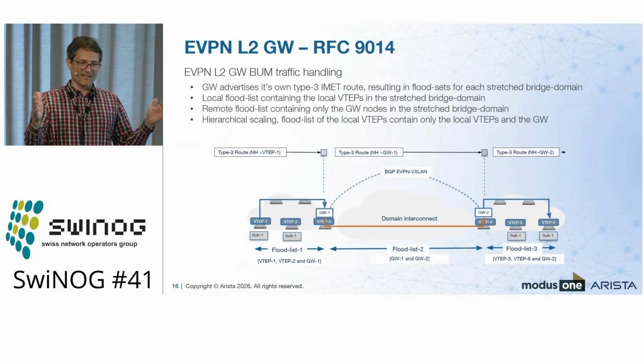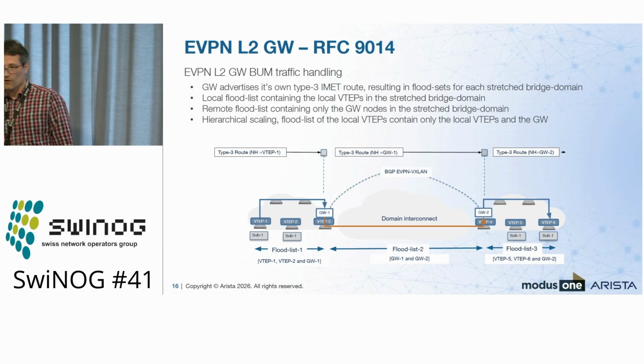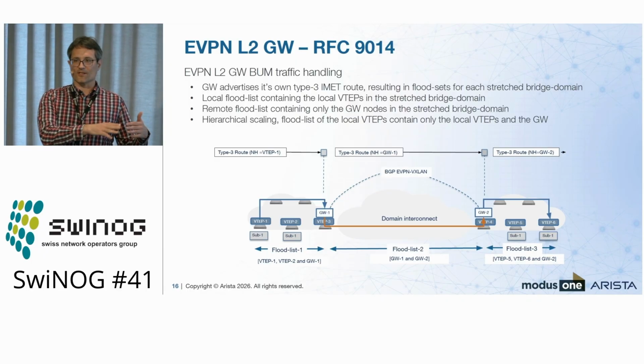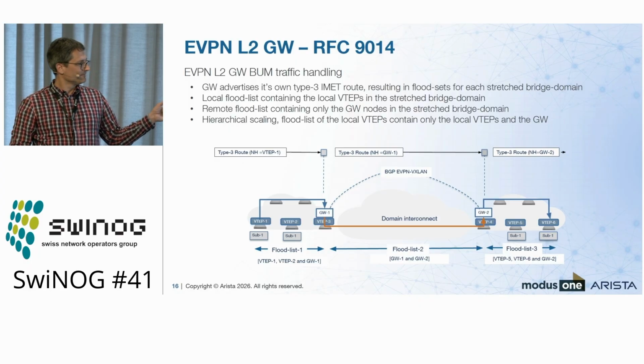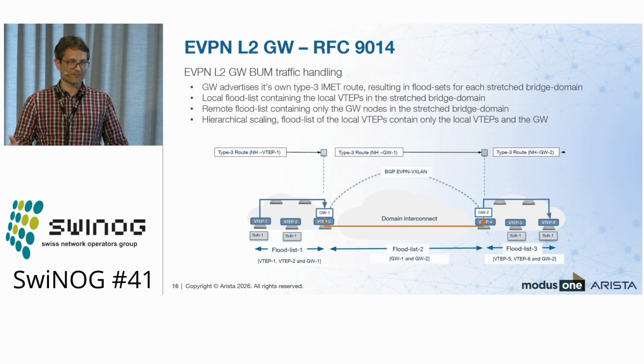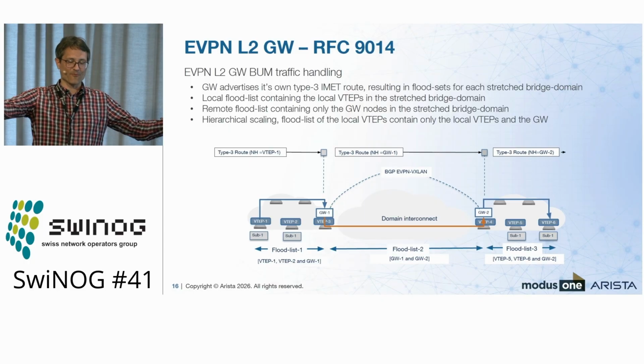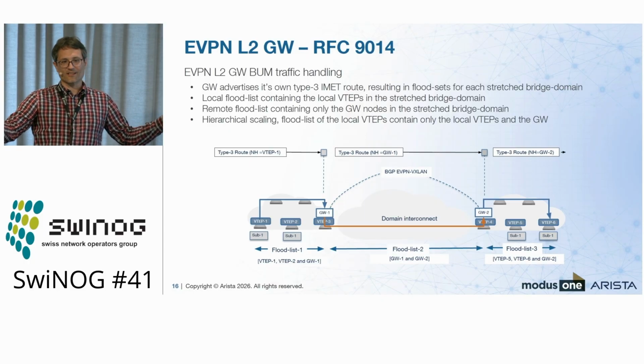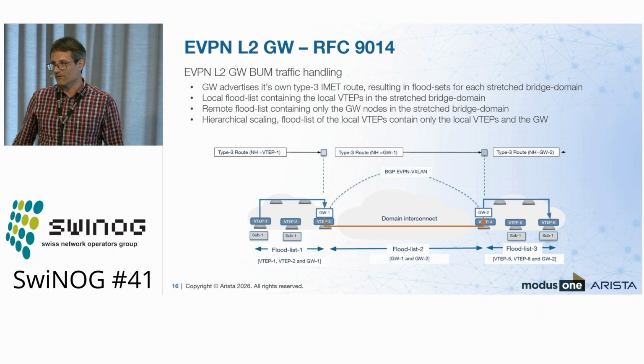This is also coupled with limited resources we have on the ASIC. There is a finite amount of how big flood lists we can have depending on the ASIC we use.